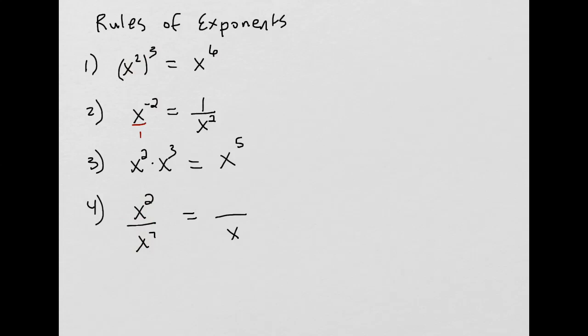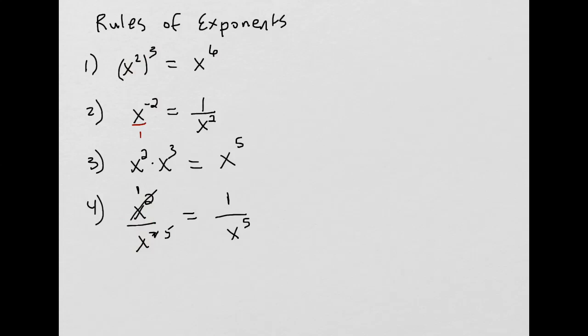The only question is how many. Well, 7 minus 2 gives me 5, so I'm going to be left with 5 factors of x on the bottom. All my factors of x on the top got divided out, so all that's left there is a 1. So I'd be left with 1 over x to the 5th.